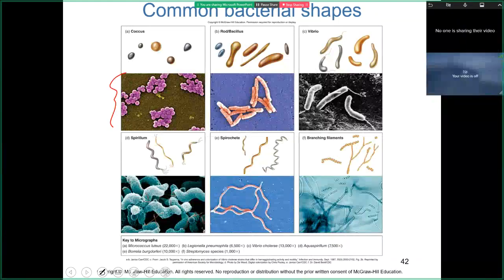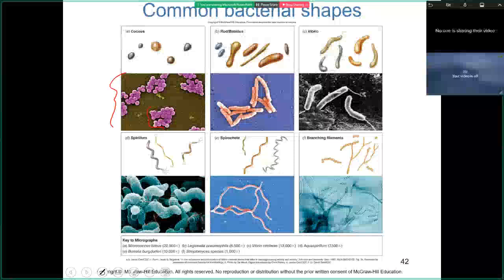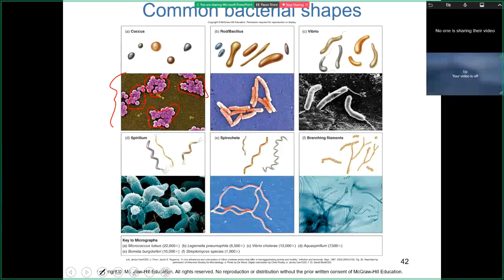And as they divide, they tend not to spread out and become independent, but they stay kind of attached. And so they look to me like little berries, little randomly shaped clusters of cells, or like clumps of grapes, I guess. That's the arrangement, all right?